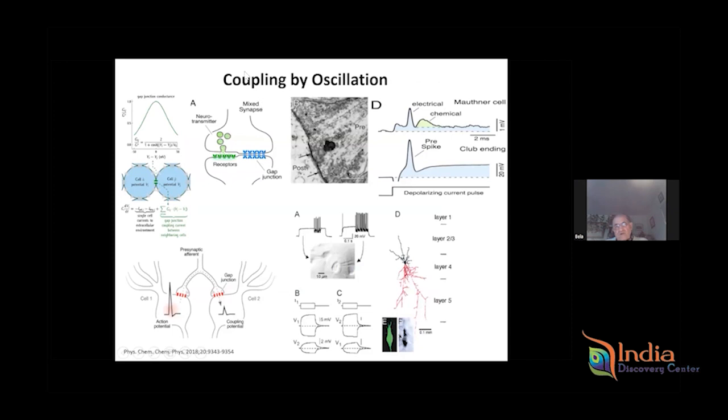As I showed before, the coupling and the information between the neurons goes through chemical synapses and gap junctions. And here is the electrical recording from the electrical synapse and the chemical synapses going on.